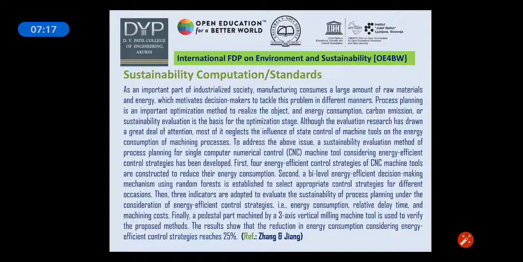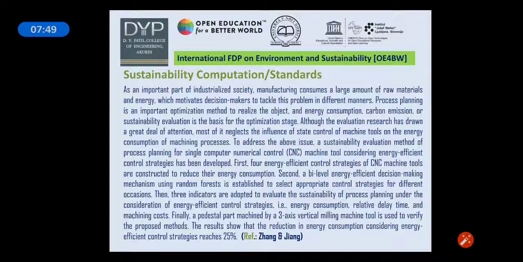As an important part of industrialized society, manufacturing consumes a large amount of raw materials and energy, which motivates decision makers to tackle this problem in different manners. Process planning is an important optimization method to reduce energy consumption. Carbon emission or sustainability evaluation is the basis for the optimization.